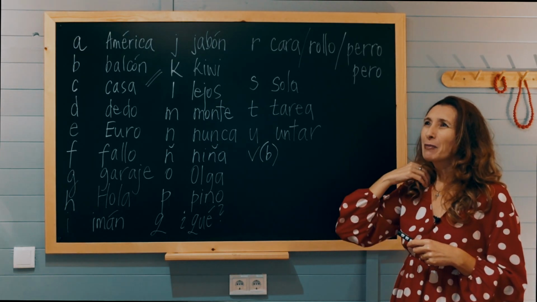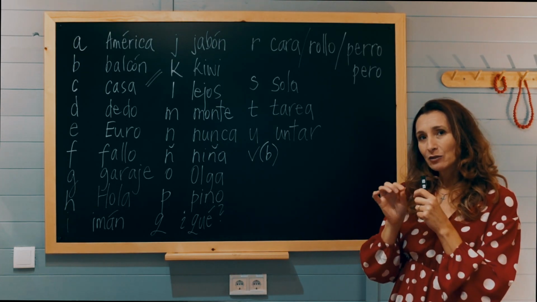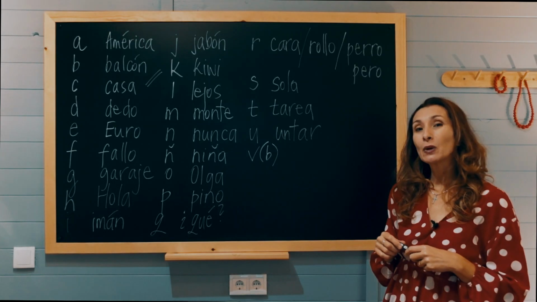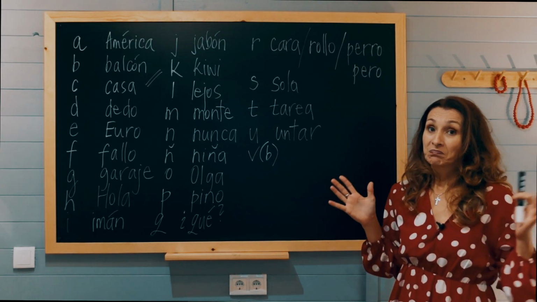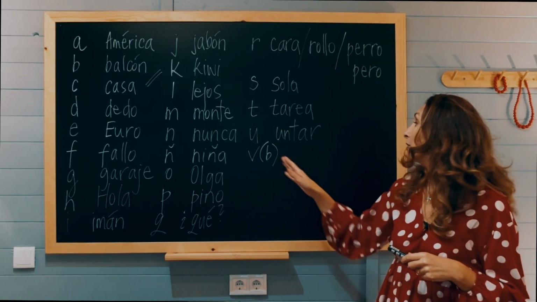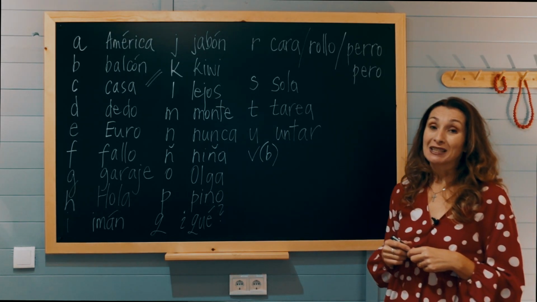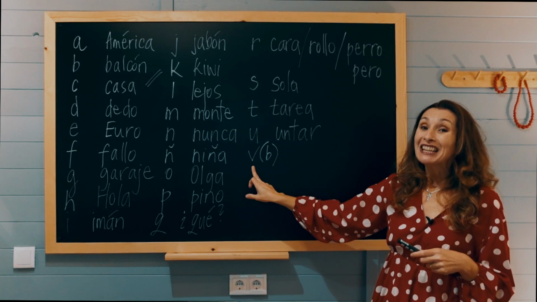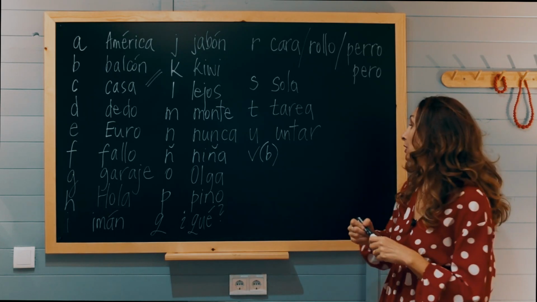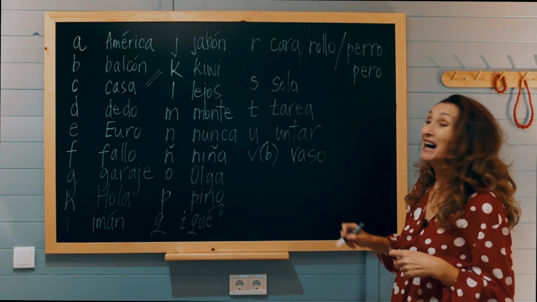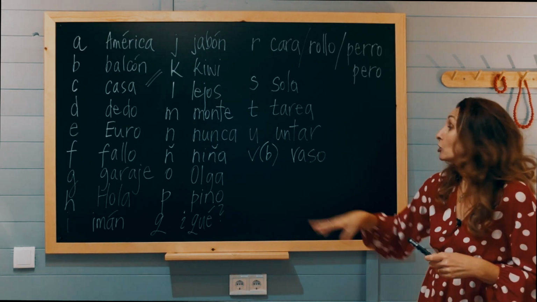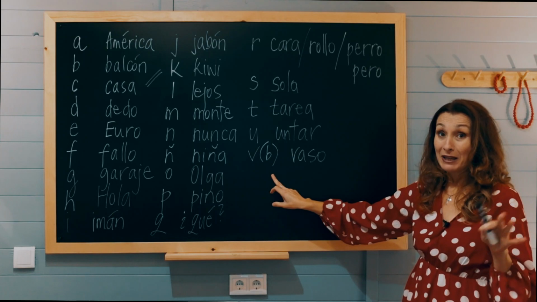There are maybe parts of Spain where they do make a slight distinction between a V and a B sound, but for the most part, V and B sound the same. So if you see V, you will say B. For example, a vase, vaso, could easily be written with a B. It's not.